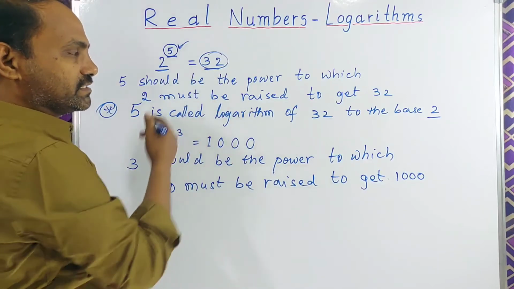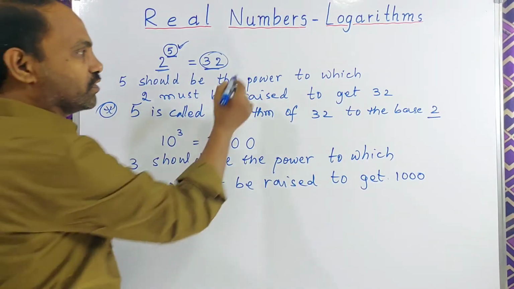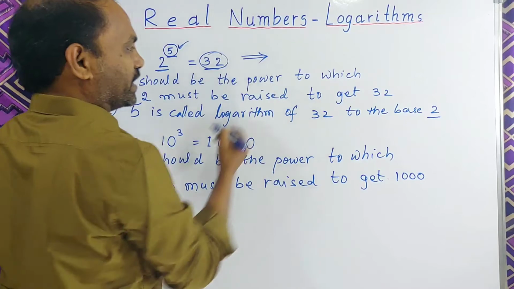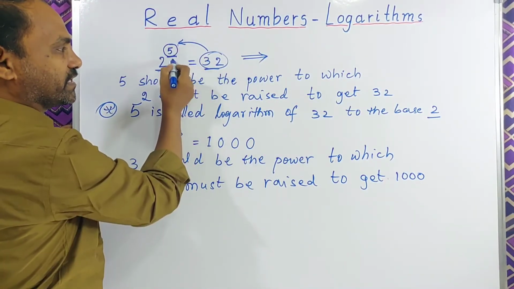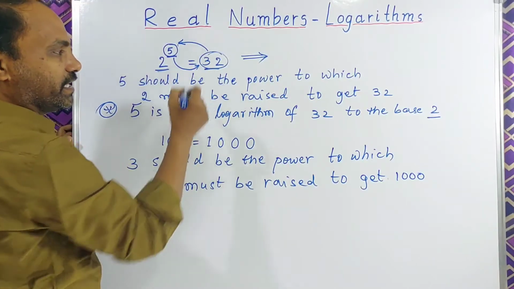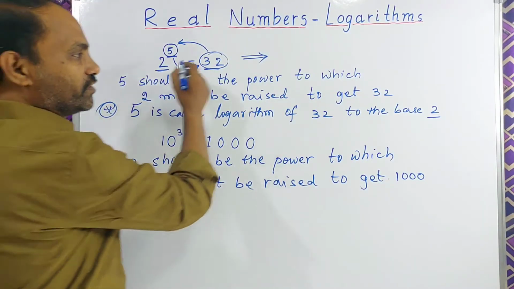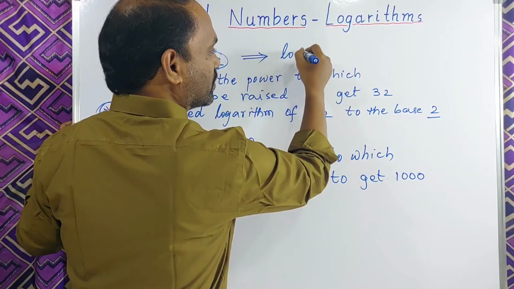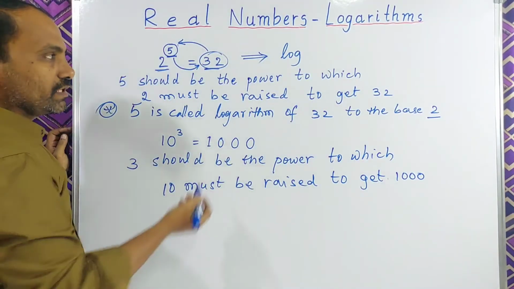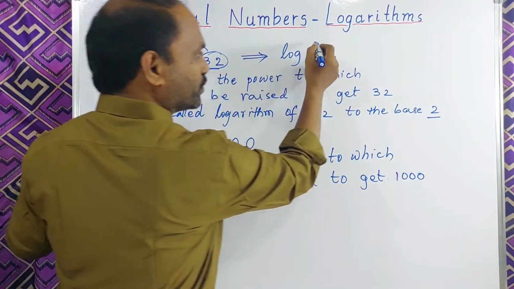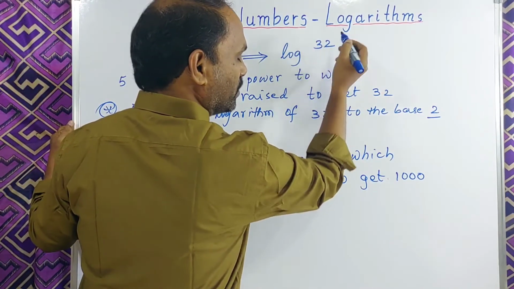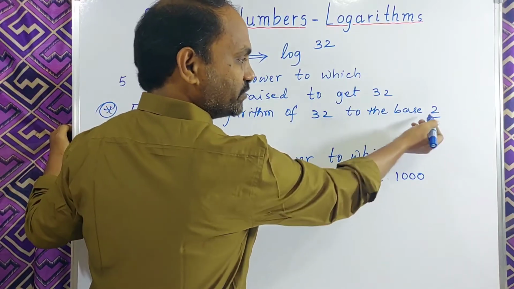How can we write this logarithm value? Not easily you can write. You should exchange these two. You should write this one here and this one here. Means when you write the log value, log 32 this side and 5 this side. What I said here, base must be 2.